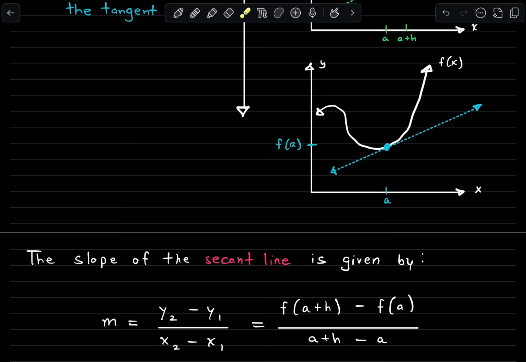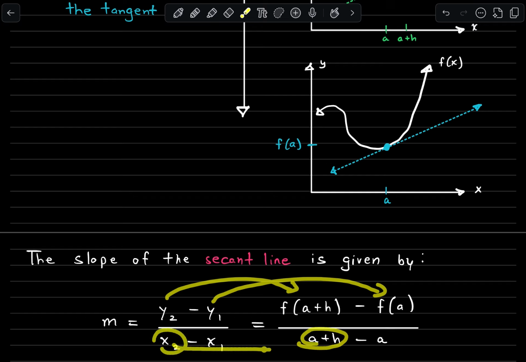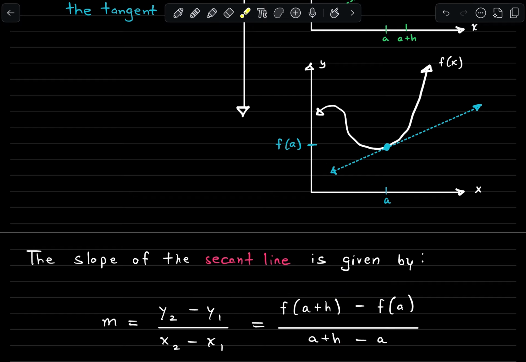Now, if you remember, the slope of the secant line was given by your general slope formula. M is equal to y2 minus y1 over x2 minus x1. In the terms that we're using here, f of a plus h minus f of a for our y values. And then we have a plus h as our x2, and a as our x1.